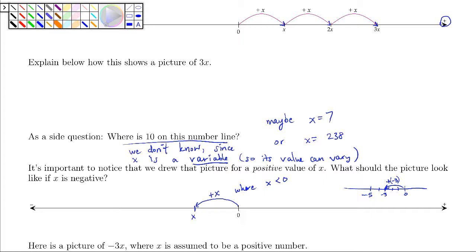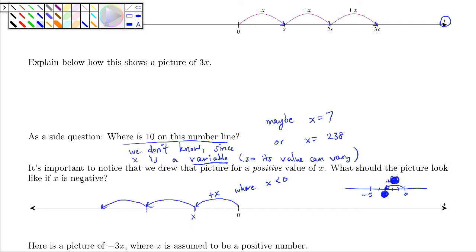So think about this piece being hidden inside the box of x, okay? We don't necessarily see what the value is, but we are adding that value. So this is what it would look like if x is a negative number: we're adding an x, and then we're adding another copy of x, and another copy of x.